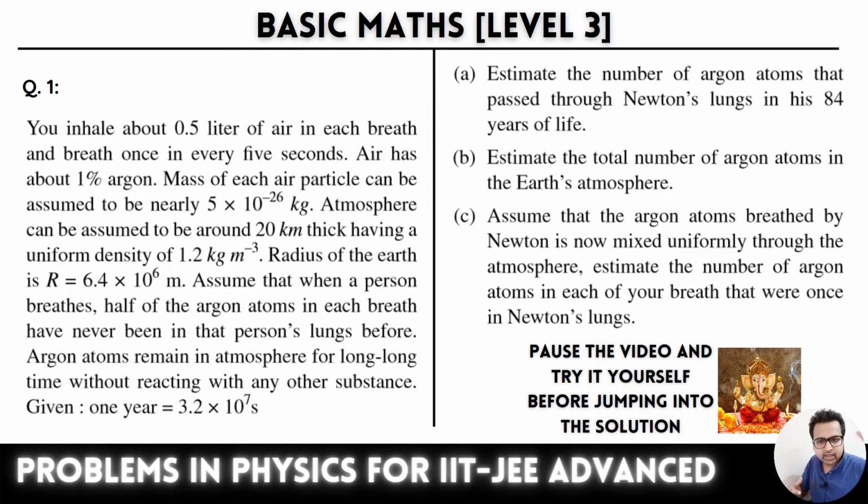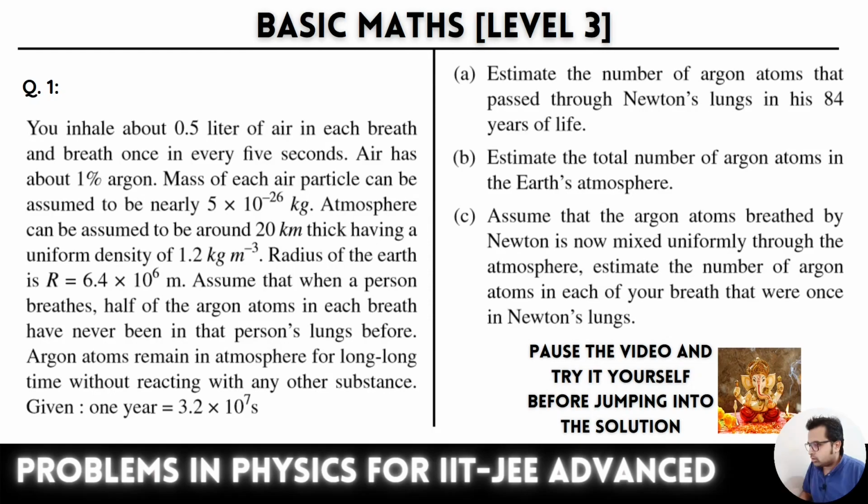Okay, so this is very clear. During the breathing we inhale argon atoms also. The argon atoms we inhale will be 50% new argon atoms, and 50% will be the old ones. That is also clear from the scenario.